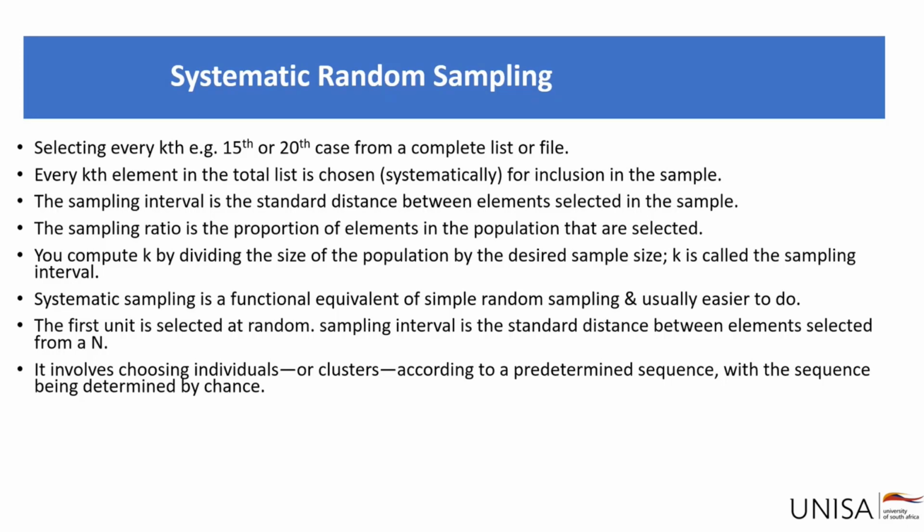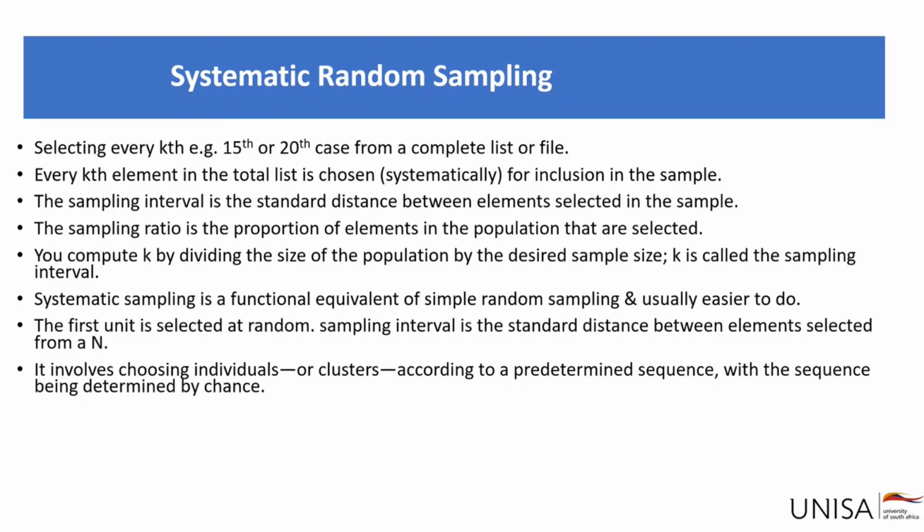There's a distance between 1 and 5. And you compute K by dividing the size of the population by the desired sample size. So K is called the sampling interval. Every time I get the letter K, I take K, and then I start all over again. So the interval there is the letter K.